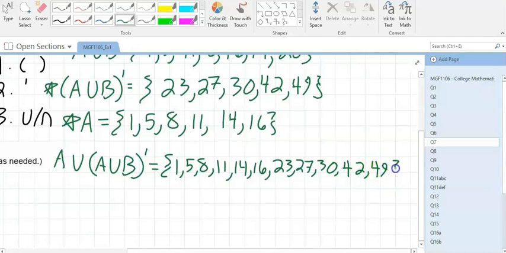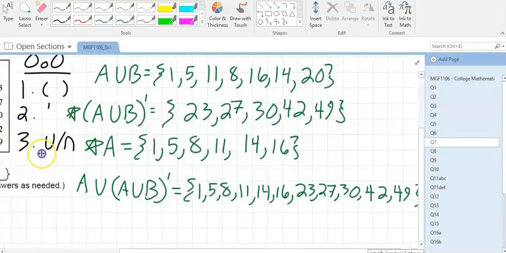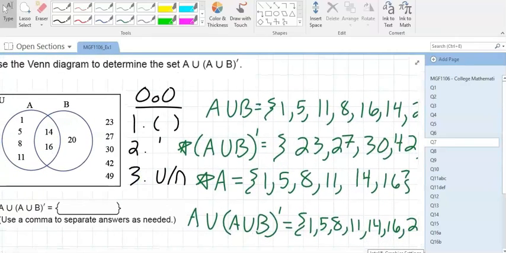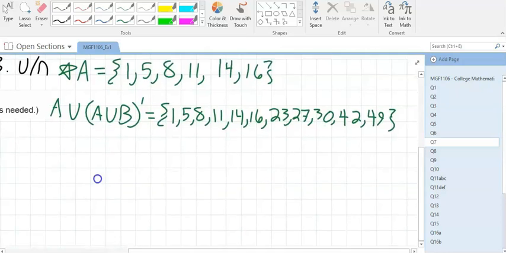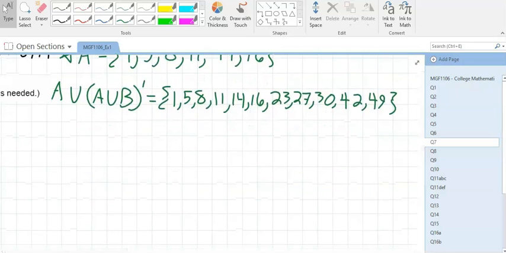Perfect. And that's what it's looking for. That's the answer. So basically, you are writing down every number but 20. We wrote down every number but 20. That's everything that's in here.